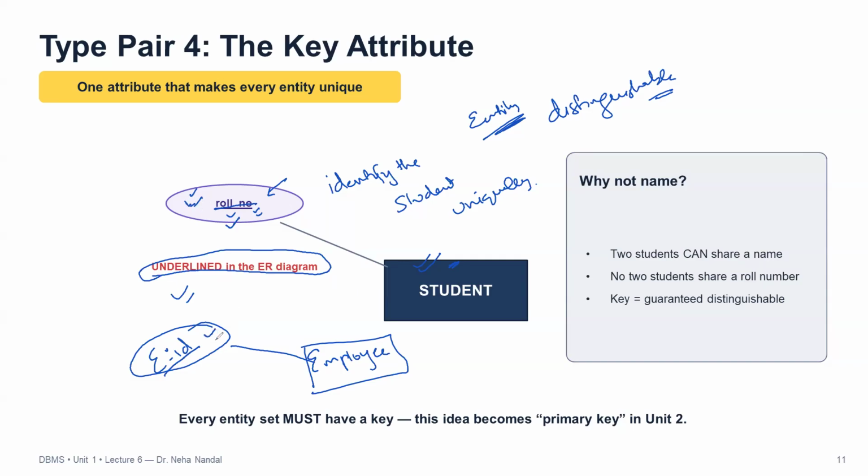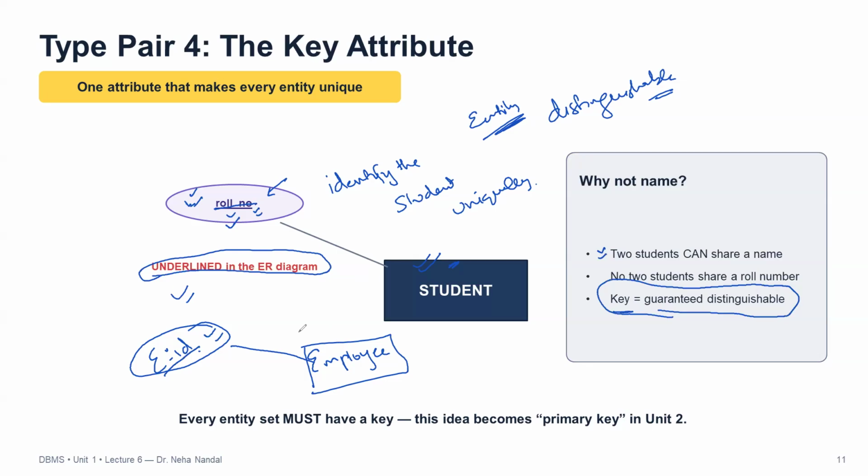Why is employee ID unique? Because no two employees can have same employee ID. Every employee will have its own employee ID. Here also you can understand two students can share a name, but two students cannot share a roll number. So key is guaranteed distinguishable. Key will be a guaranteed distinguishable attribute.